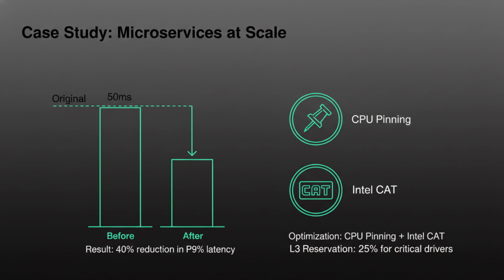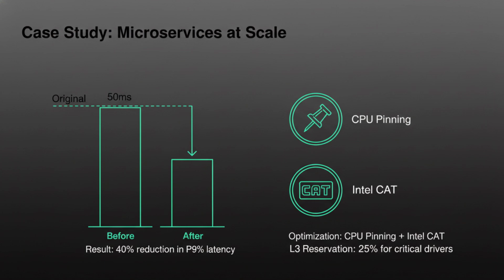Let's look at a real-world scenario. A high-volume microservice was experiencing P99 latency spikes of 50 milliseconds. Analysis showed high L3 cache miss rates due to frequent context switching between 500 active threads on a 32-core machine.